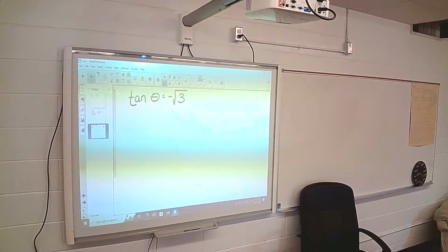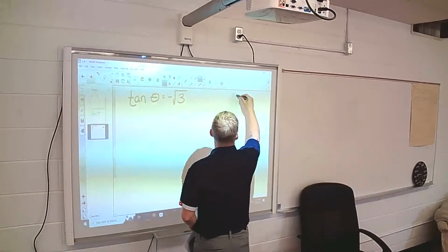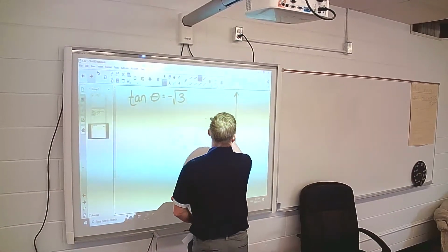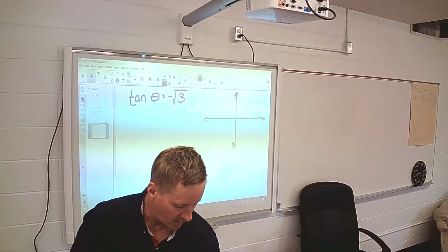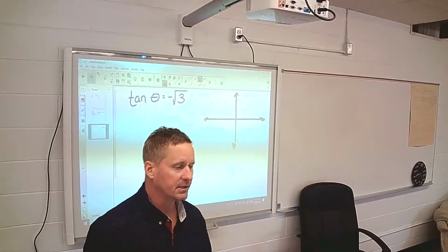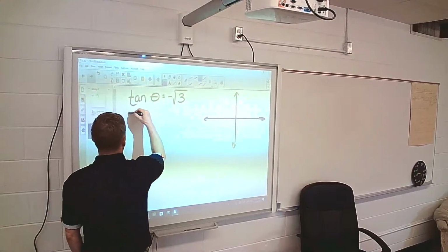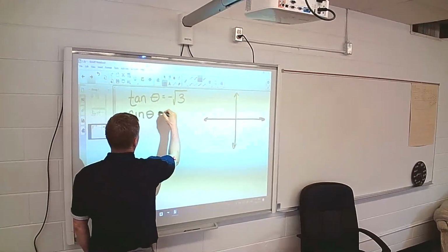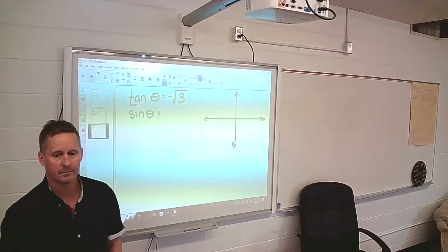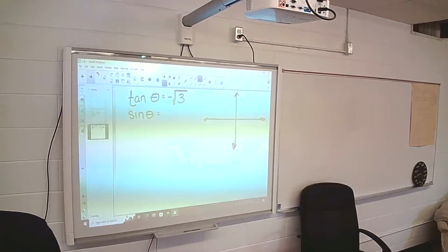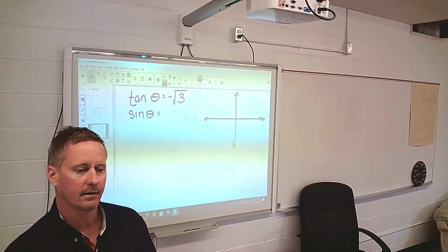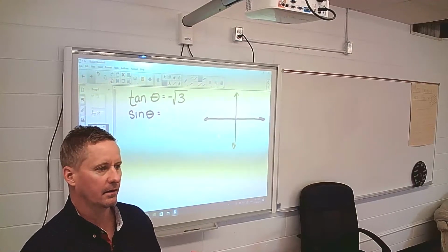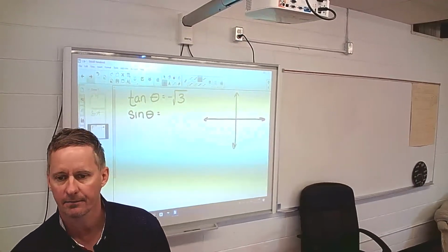Quadrant 2. Okay. So it's somewhere in quadrant 2. All right. Now, here's the catch on this question. It wants you to find out what the sine of theta is. So is sine theta going to be positive or negative in quadrant 2? It's going to be positive. Now we have to find out which coordinate it is. This is the part that I kind of check and guess on.